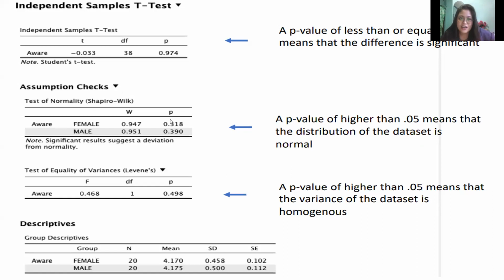Here it is higher than 0.05, so our data is normally distributed and we use a parametric test. For the test for equality of variance, no need to compute the variances either. You just look at the p-value. If it's higher than 0.05, yes, our variances are equal, or our groupings are homogeneous. Since 0.498 is higher, that's how you interpret.